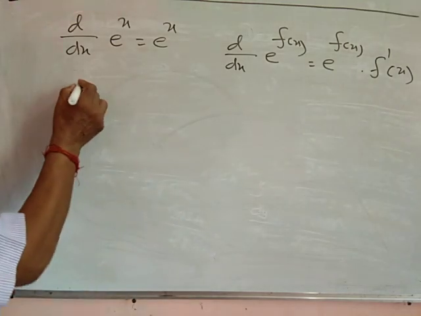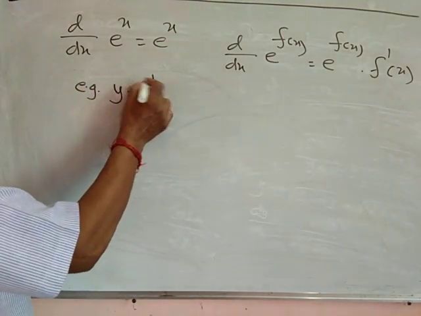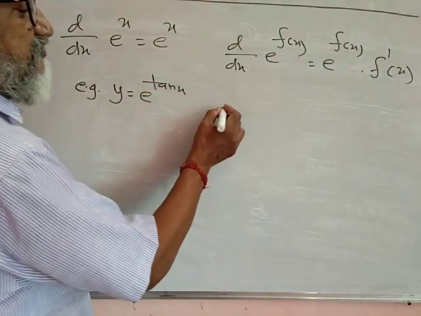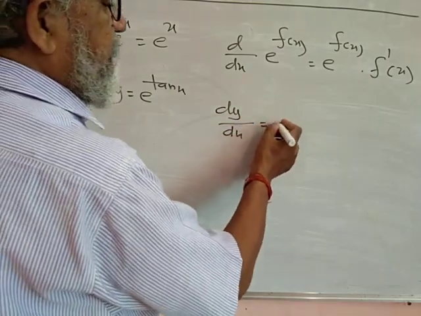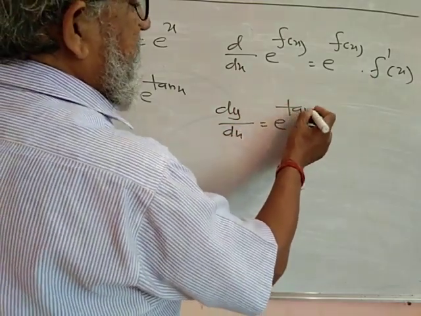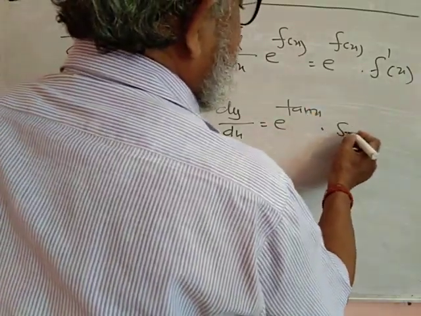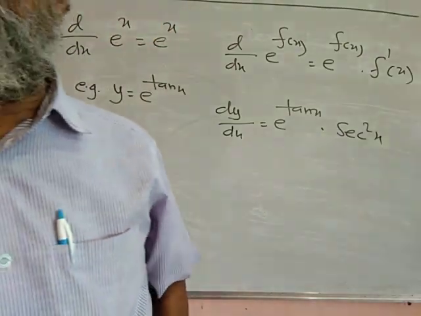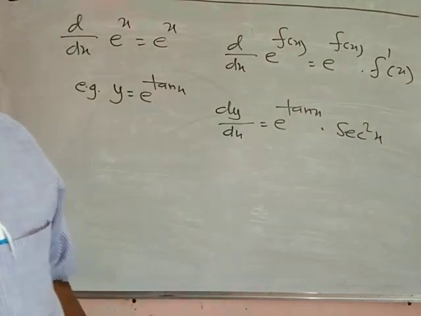Now for example, y is equal to e raised to tan x. So dy by dx is equal to e raised to tan x, then derivative of tan x is sec square x. So remember, we have to differentiate each and every term.